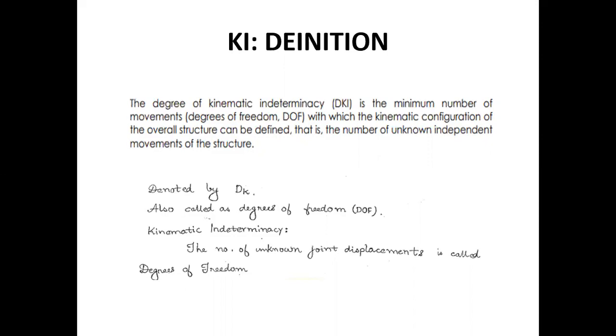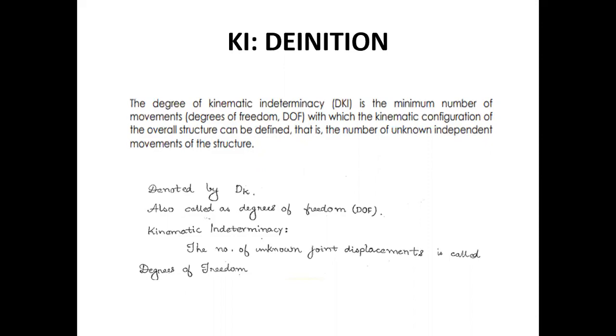That is the number of unknown independent movements of a structure. Basically, kinematic indeterminacy is the number of ways a structure can move, respond, or freely move. So it can simply be called the degree of freedom.